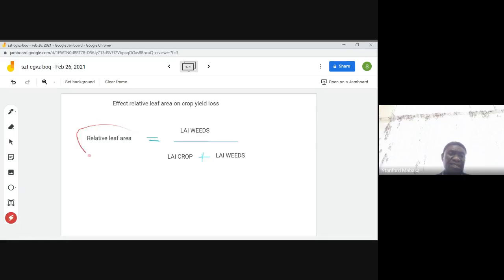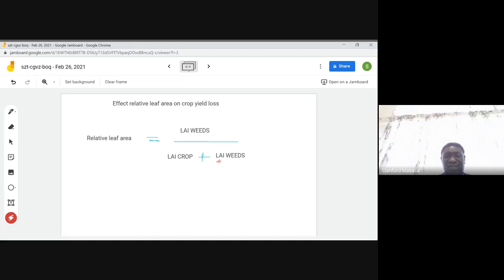So this is what they related to crop yield loss. So first you need to measure leaf area of the weeds. Then you also need leaf area of the crop.